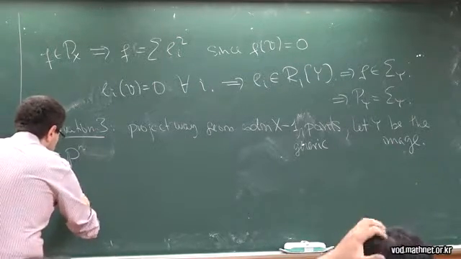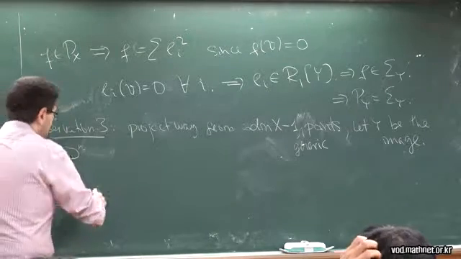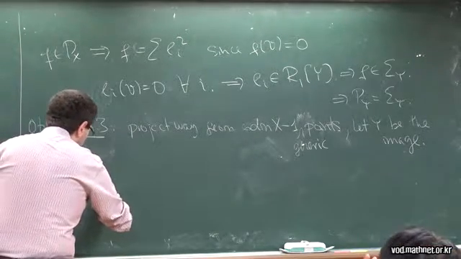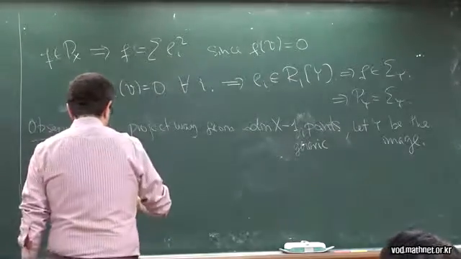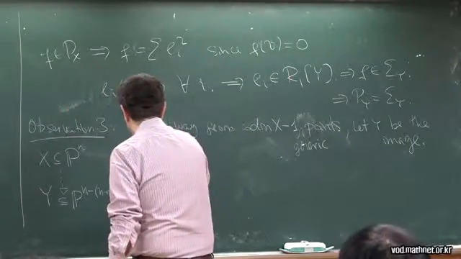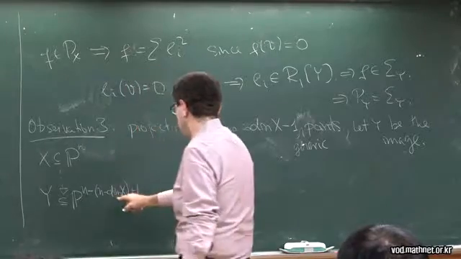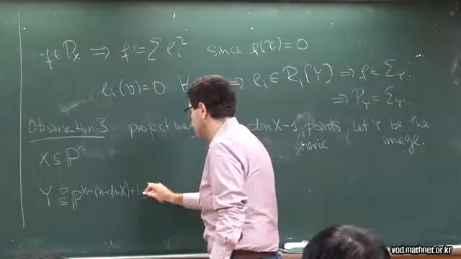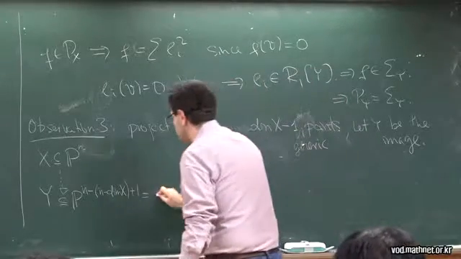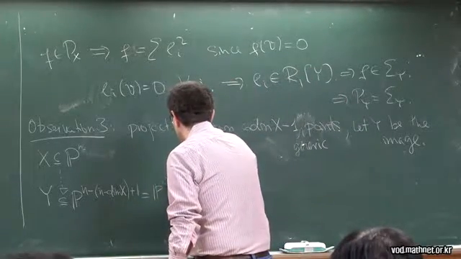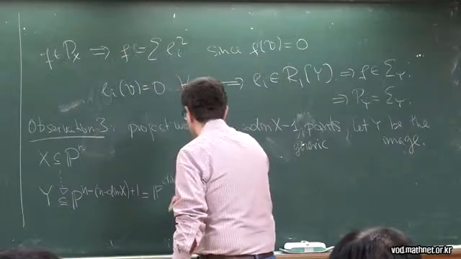We projected away codimension x minus 1 many points, so this is P^(dim x plus 1).